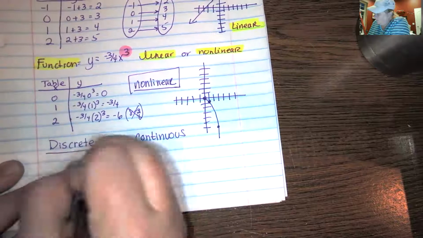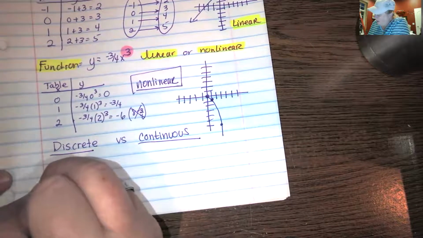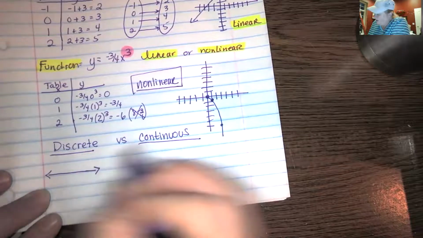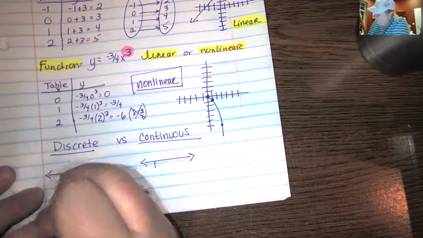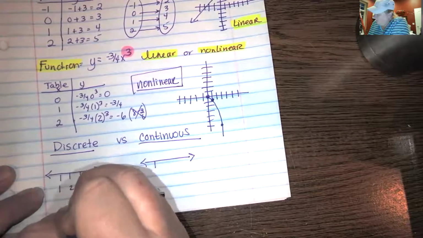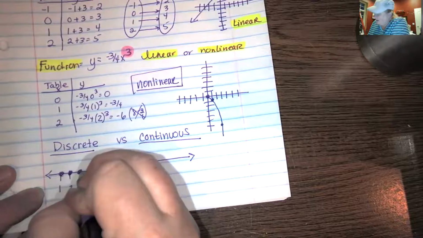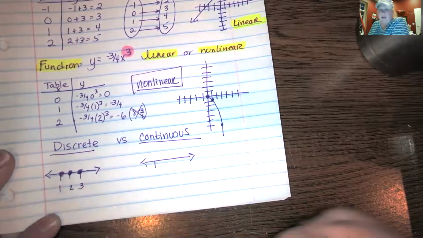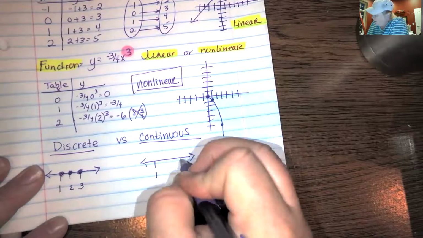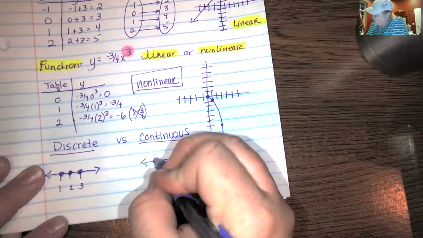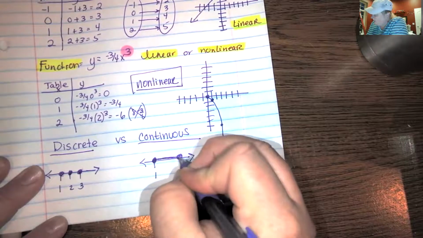And really what you're going to see here would be very similar to looking at a number line. I want this dot, and this dot. Do I want anything in between? No. Versus continuous, which means I want everything in between here.